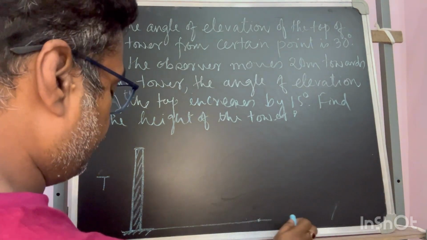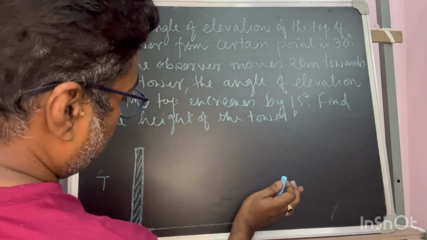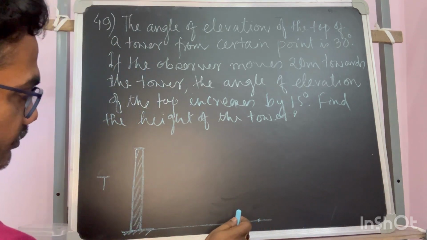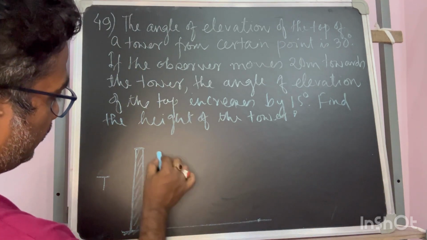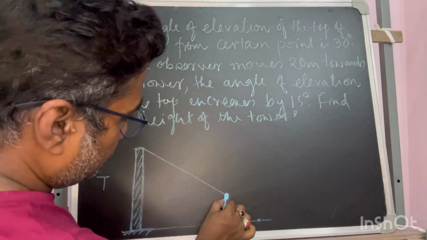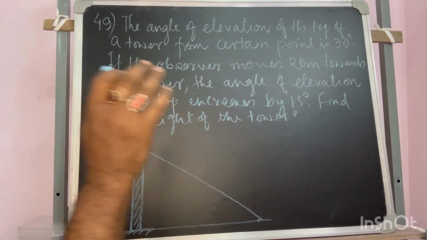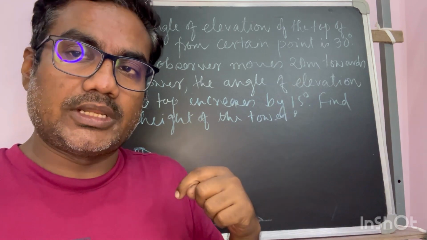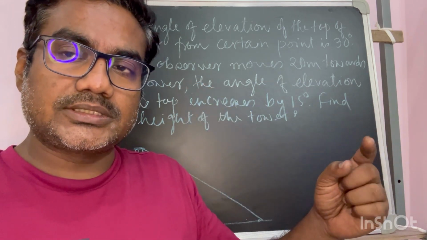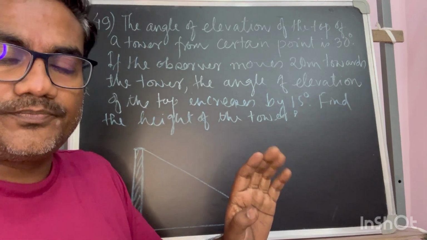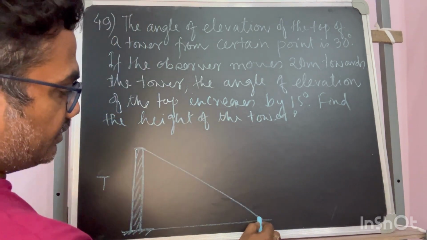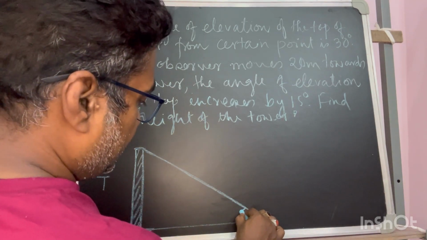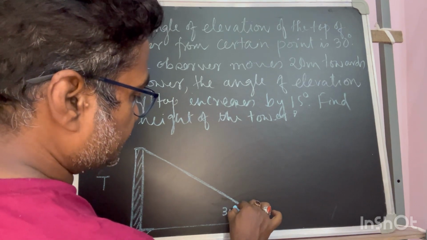This point may be anywhere, but the catch is that from that point, if I view the top of the tower, our vision goes on a straight path, because we view something due to the reflection of light, and light comes in a straight path. So the observer will see the top straightaway. That angle formed is 30 degree as per the initial condition.